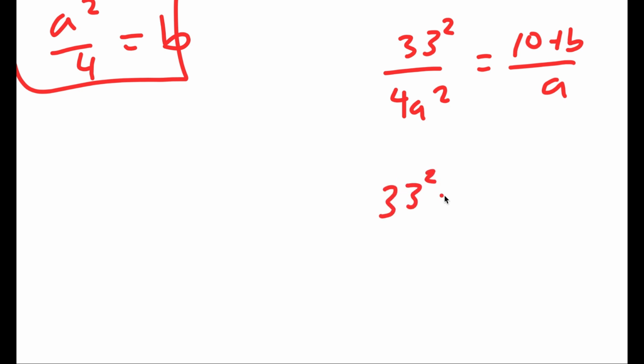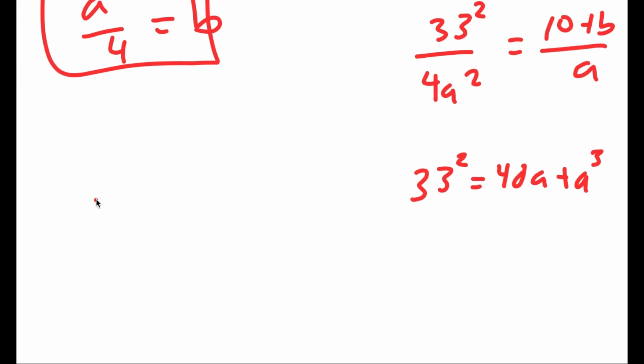So 33 squared is equal to 40a plus a to the power of 3. So now from here, I have a to the power of 3 plus 40a minus 1089 is equal to 0.